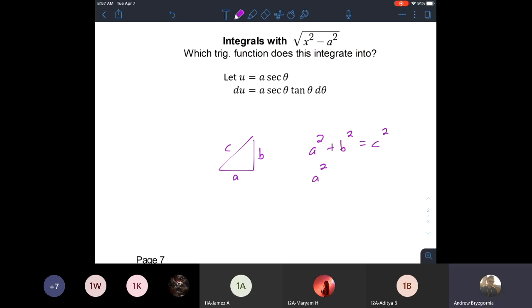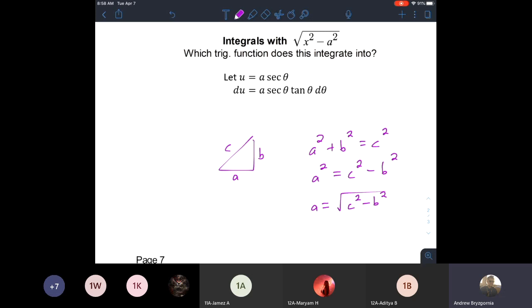If I subtract one of the sides and take the square root of everything, you can see that this square root looks very similar to the square root there. Obviously my A is in a different place, but otherwise they look very similar. So for this one, whatever that part is has to be the hypotenuse, and this part here has to be one of the sides.